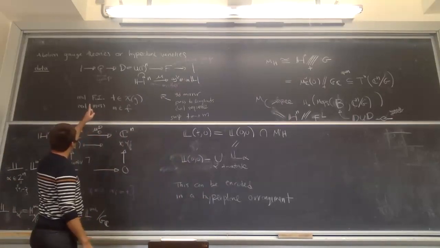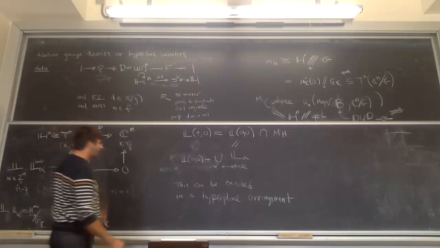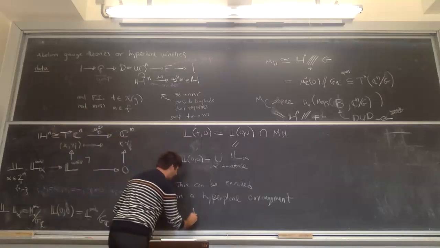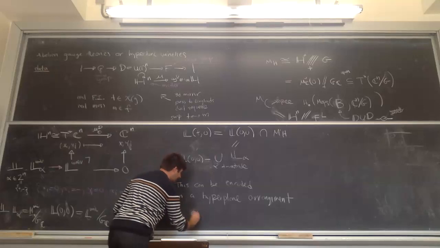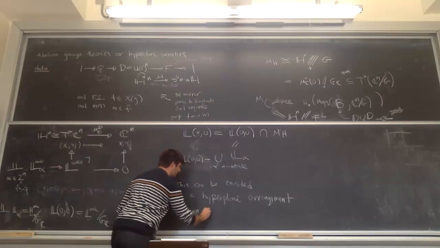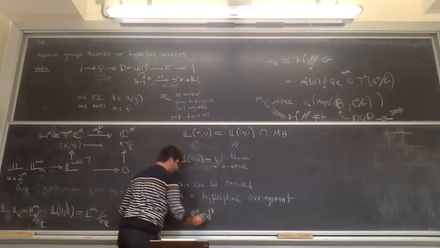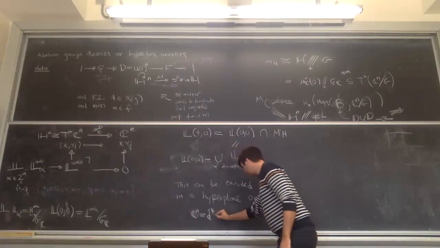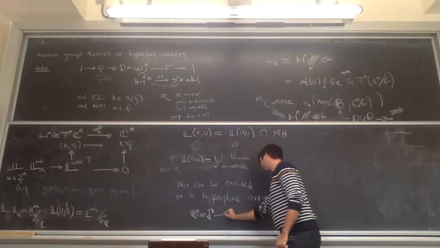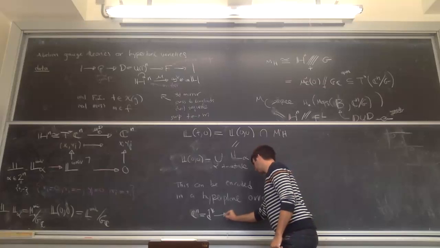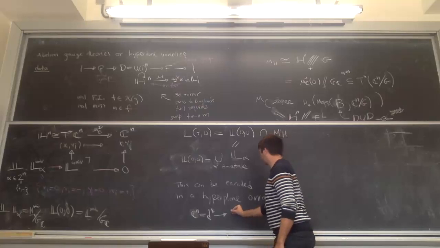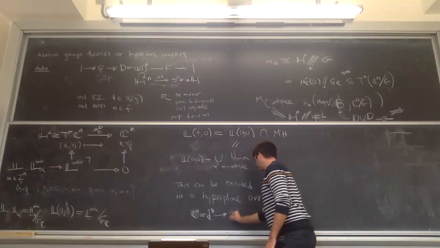All right, so basically the point is that there's a map from C to the n, which is equal to d dual, to G dual.